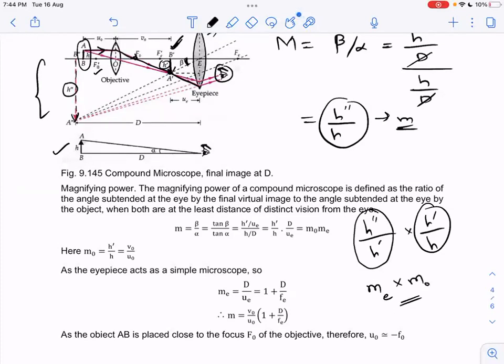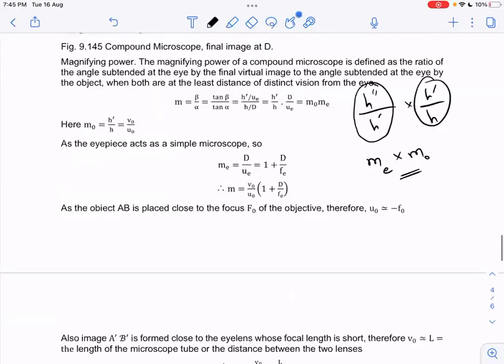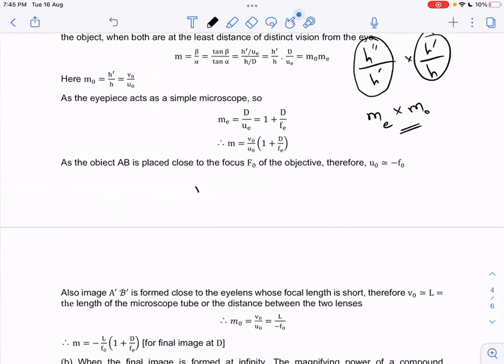To put it in simple terms, the combined magnification produced by both the lenses put together is the product of the magnification of the objective and the magnification of the eyepiece. The magnification of the objective is V0 divided by U0, because it is a basic convex lens, and the magnification produced due to the eyepiece is 1 plus D divided by Fe.